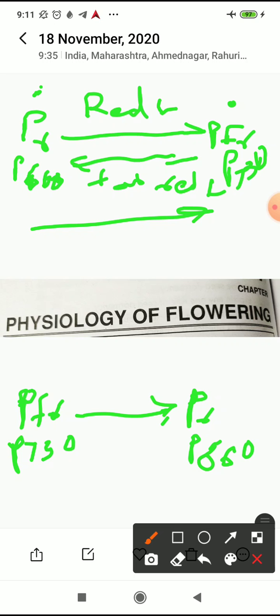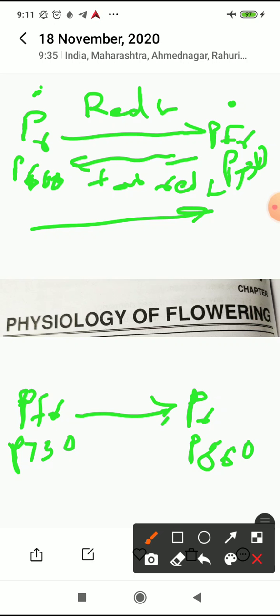This conversion is very slow and takes a few hours, and the process is dependent on temperature, and therefore it is also called thermal conversion. PFR form of pigment gradually changes into PR form in dark.